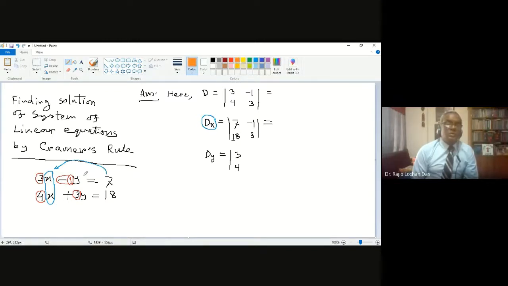So the y column is this. The numbers will be changed, and 7, 18 will come here, replacing the position of minus 1, 3, and the other numbers 3, 4 will be the same.